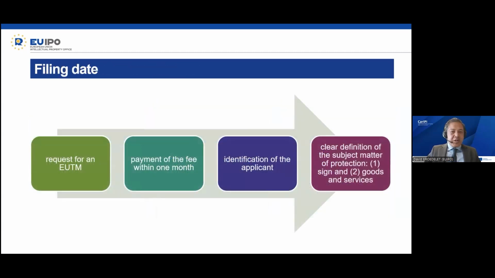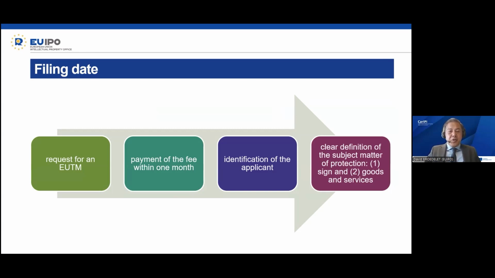So then we go to the filing date requirements. This sounds maybe obvious, but we need to have simply that it's a request for a trademark. They have to pay the fees for the registration within 1 month of sending us the application.